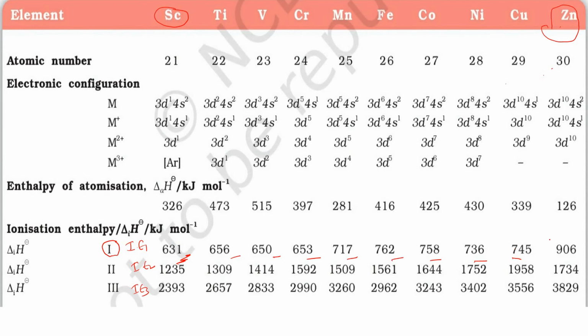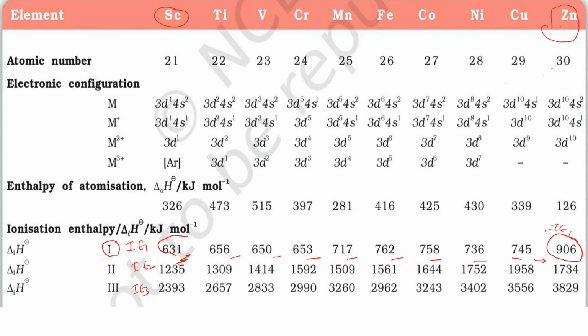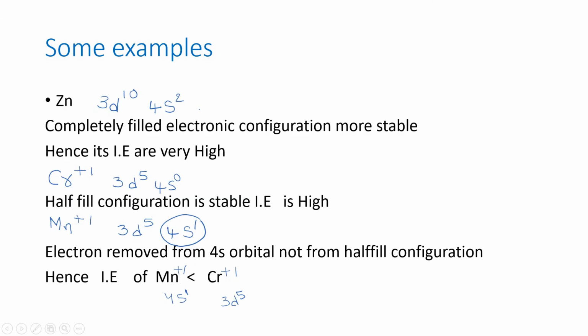See here, one thing if you observe: suddenly you are getting 906, isn't it? The ionization energy IE1 of zinc is 906, whereas here it is 631. Why suddenly is it increasing, from 745 to 906? We discussed that by taking this example.